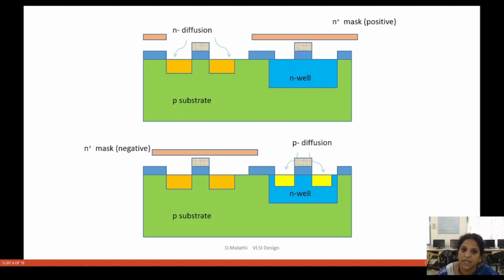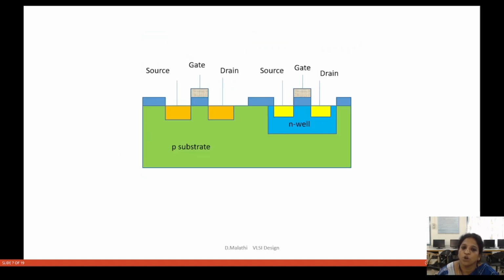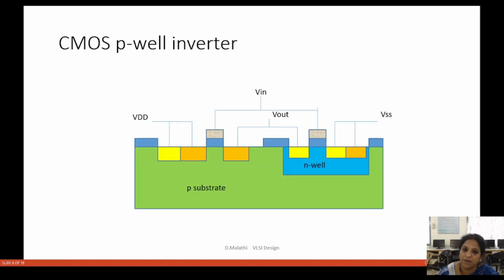Then the N plus mask negative is used, which masks the NMOS transistor, and then a P-type diffusion is laid, through boron, and P plus heavily doped source and drain are formed in the N-well. So at last we will be getting both the PMOS transistor and the NMOS transistor in the same substrate using an N-well process. This can also be repeated as in a P-well process.